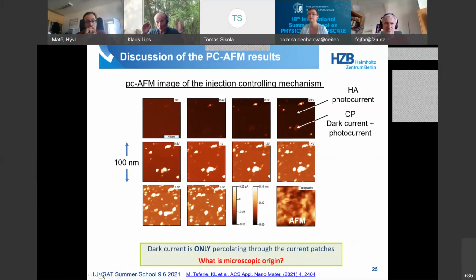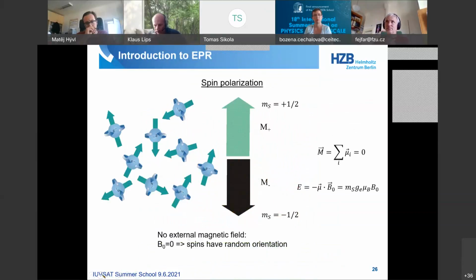Now, as I said, all these local states that we have at that interface will at some point be occupied by an electron or by a hole, and by that they can carry a spin. So if we now look at the magnetic properties of these features, then maybe we learn what this actually is. And that means we are now switching gears and we go to magnetic moments.